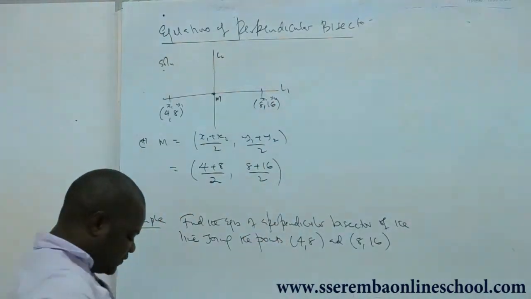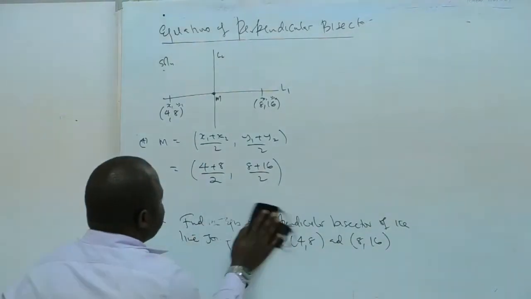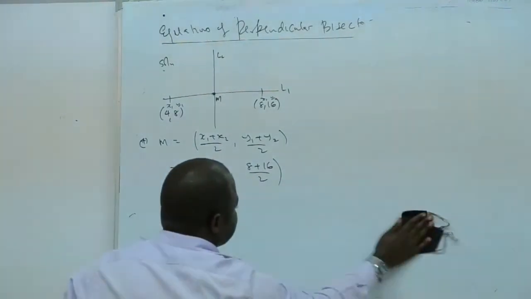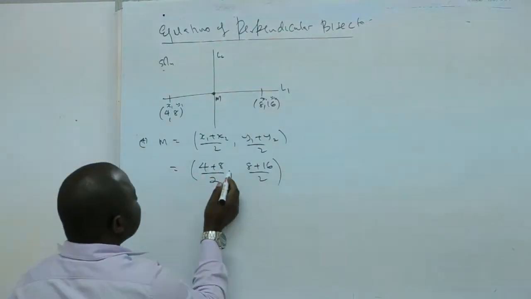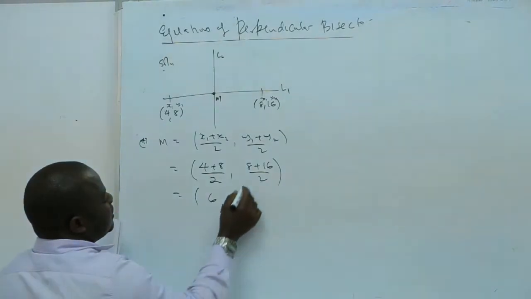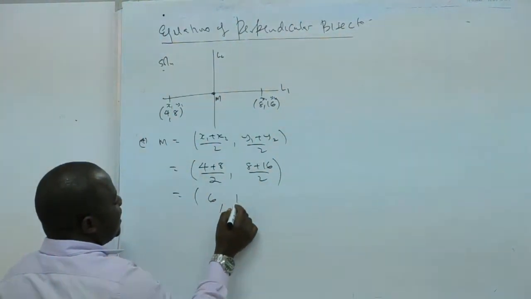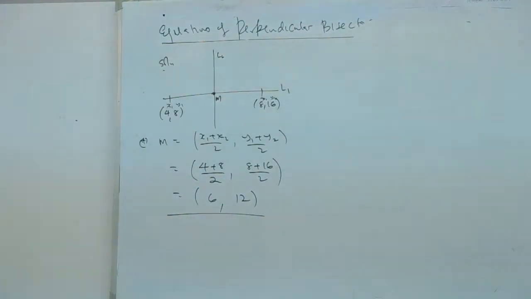When you do the computation, this is 12, divide by 2, that is 6, and this is 24, divide by 2, that is 12. So you have that as the midpoint where the line passes.